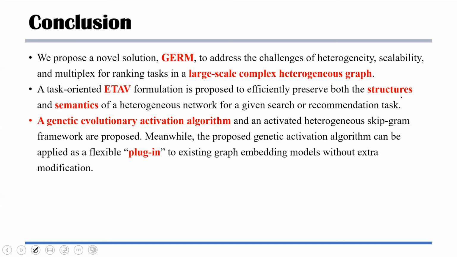This genetic solution is based on the activated heterogeneous skip-gram framework, and it can be a really nice plug-in to other existing graph embedding algorithms. We're not trying to replace existing algorithms. Instead, we provide a nice plug-in to empower other embedding algorithms to address a complex heterogeneous graph.